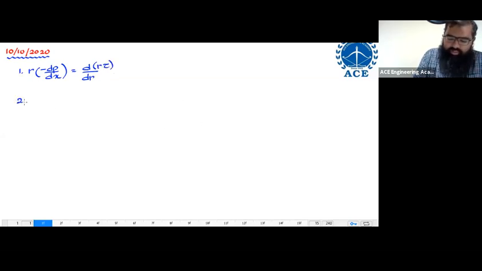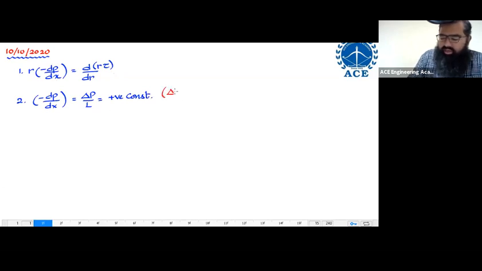The second point was regarding this minus dP upon dx. We have proved that this minus dP upon dx is also equal to delta P upon L, which is a positive constant, wherein delta P, please understand, does not represent change in pressure.